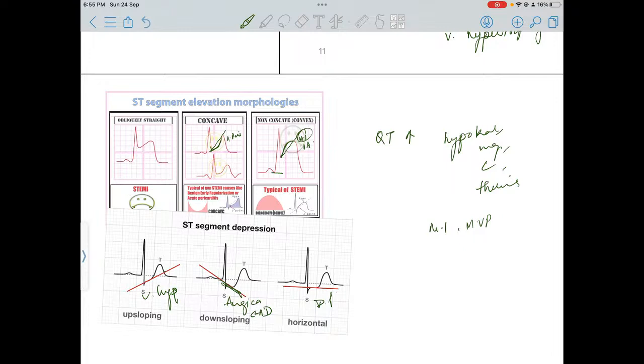And it is absent in fibrillation and flutter. T waves: tall T waves in hyperkalemia, athletes, alcohol; absent or flat T waves in hypokalemia.